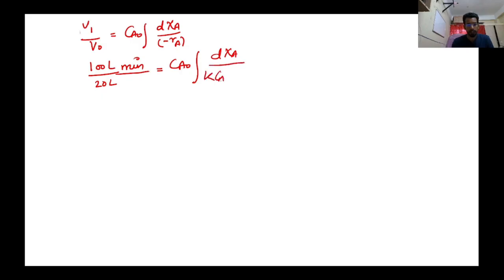K CA naught. What can I write for CA? Rate is K CA, and for CA it is CA naught times 1 minus XA, right? So CA naught will cancel out. Here liter and liter will cancel out.